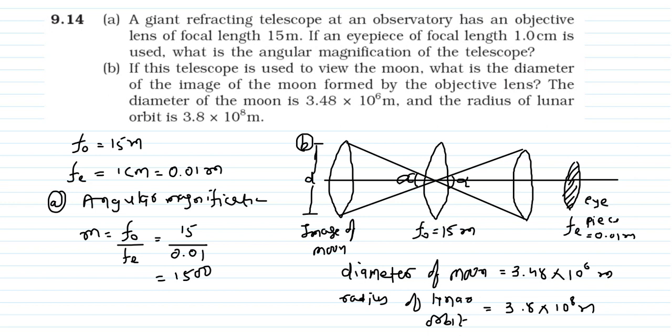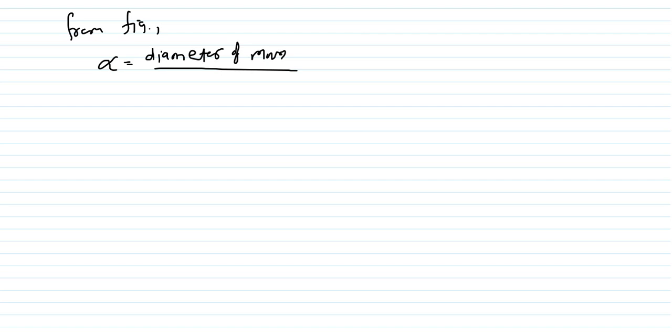Now from the figure we can say that alpha is equal to the diameter of the moon upon the radius of the orbit.